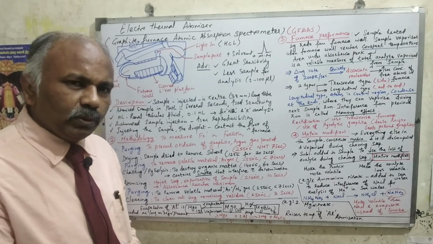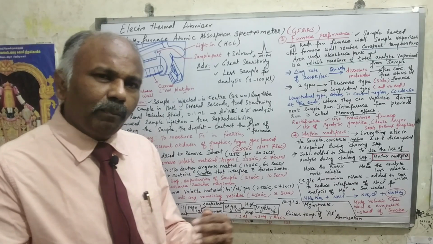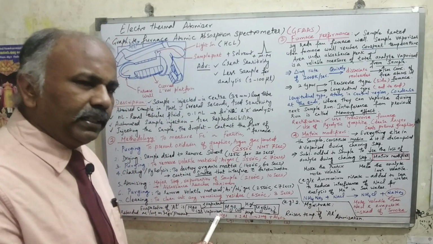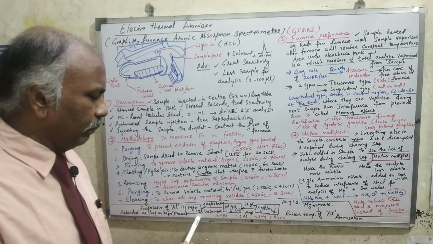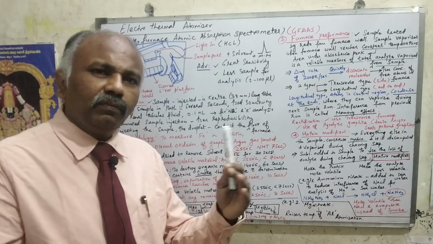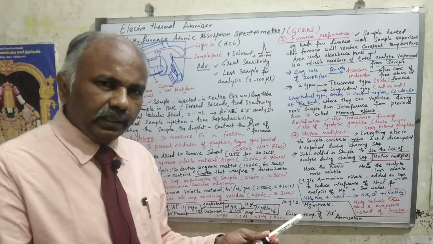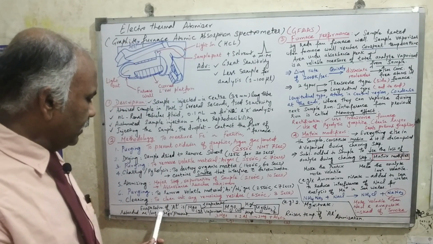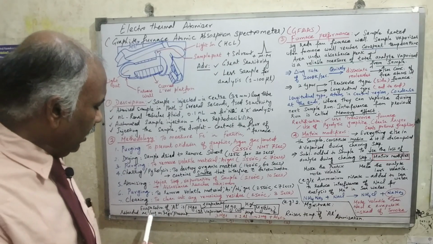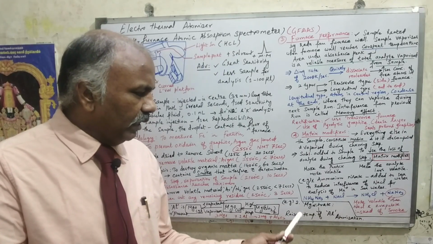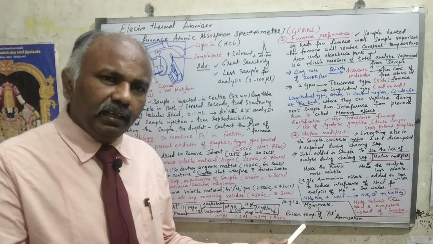You know that aluminum tends to evaporate very fast, right? So as long as magnesium oxide is present in the sample, it will prevent the fast evaporation of aluminum. Is it clear? So the retardation of aluminum is taking place. That means the evaporation of aluminum is retarded as long as the magnesium oxide is present in the sample. That is why we are using magnesium nitrate as a matrix modifier.